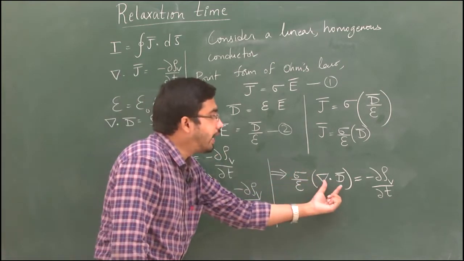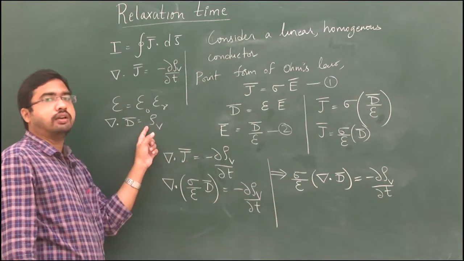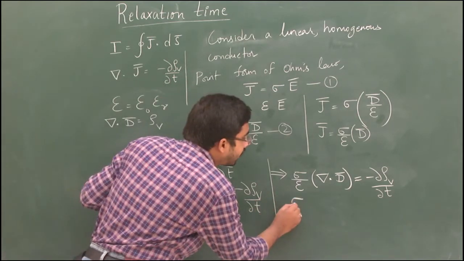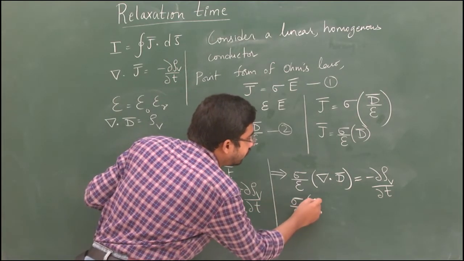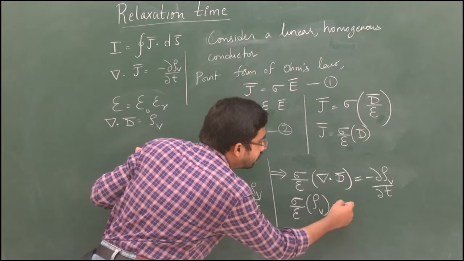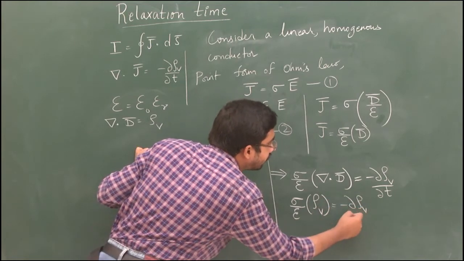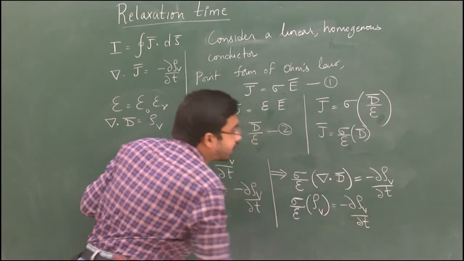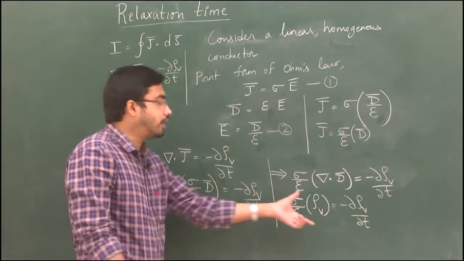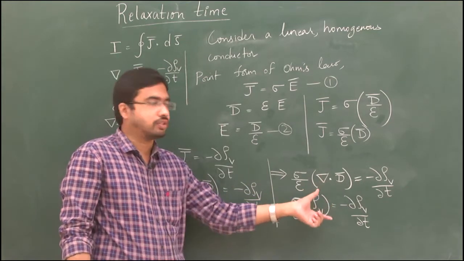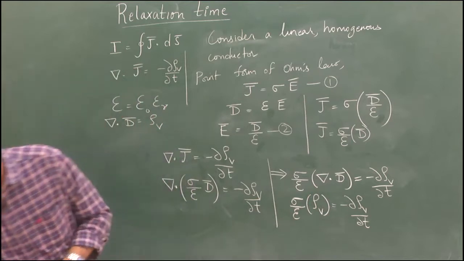So in the place of del dot D bar, we can write rho v. Sigma by epsilon into rho v is equal to minus dou rho v by dou t. So this is one equation. Now keep this, and we should solve this first order differential equation.